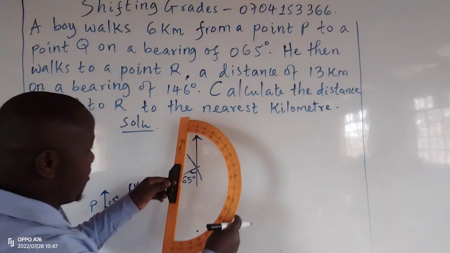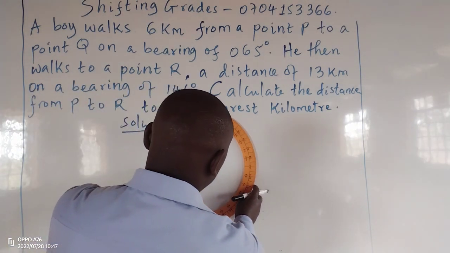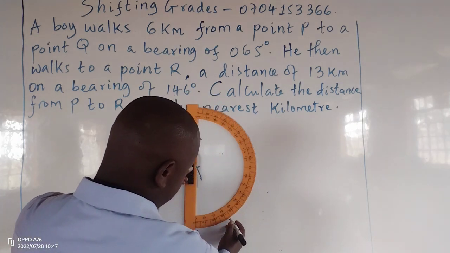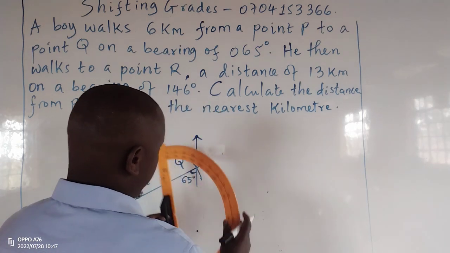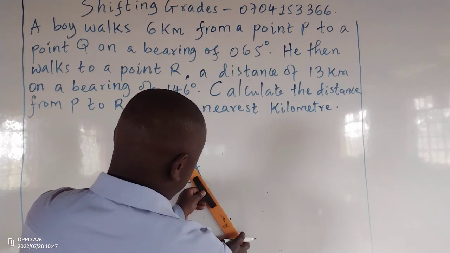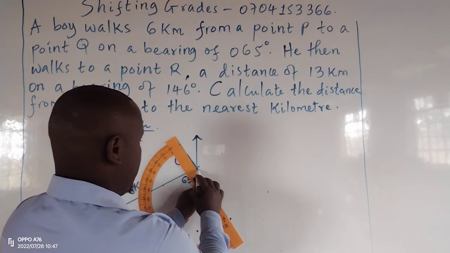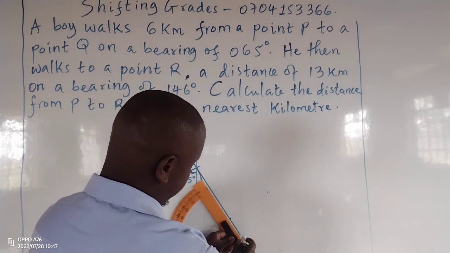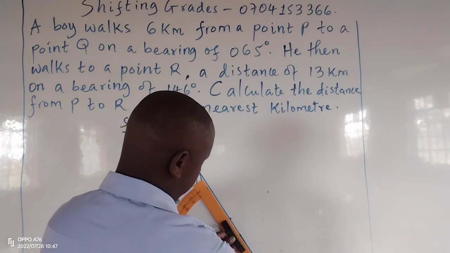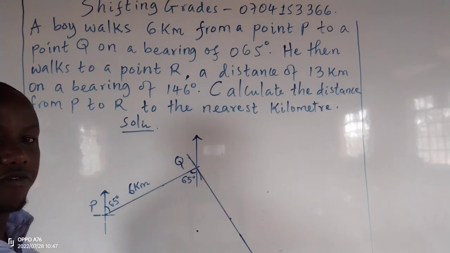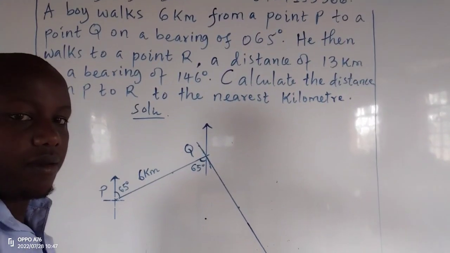Therefore, a bearing of 146, that is 146 from the north. So we draw this line and prolong it. Yes, that is a bearing of 146.